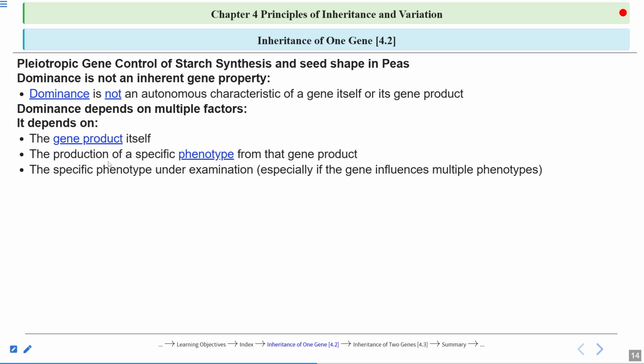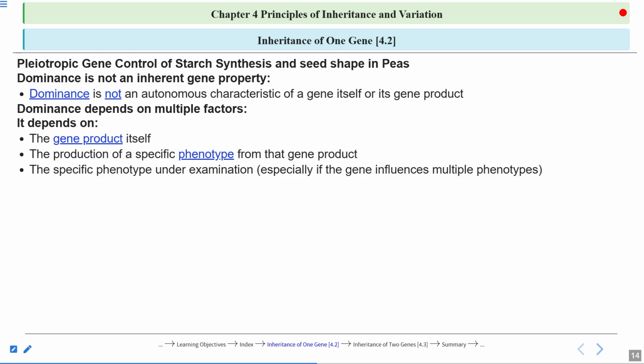The dominance depends on production of a specific phenotype from that gene product. What phenotype is being produced by that gene product? And then the specific phenotype under examination, the specific character under examination. Like in the case we have seen of gene B, first there was starch grain size and another was the seed shape.